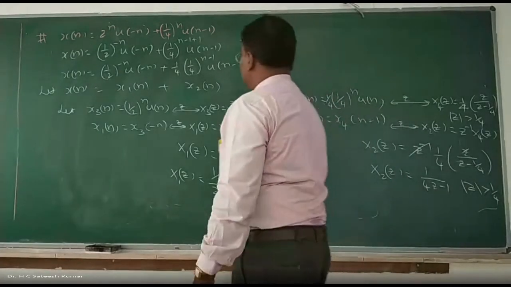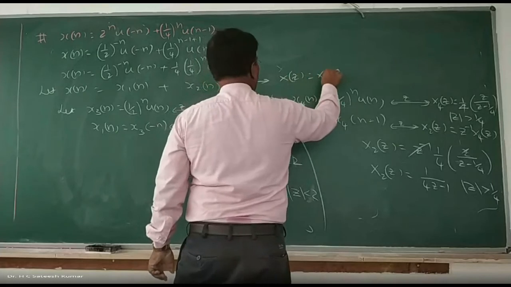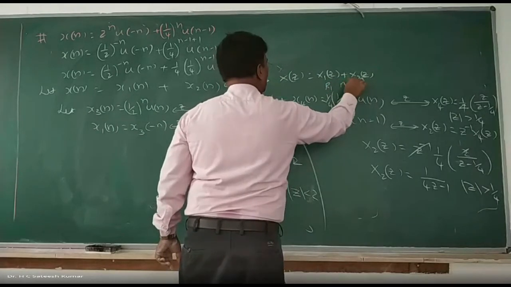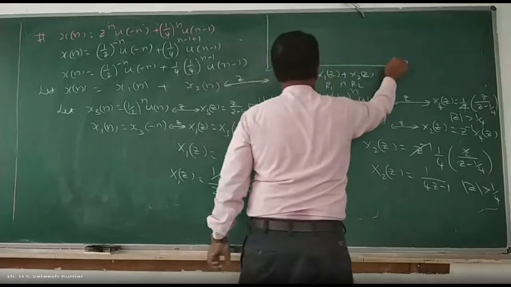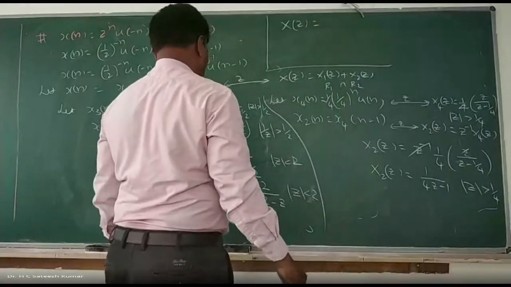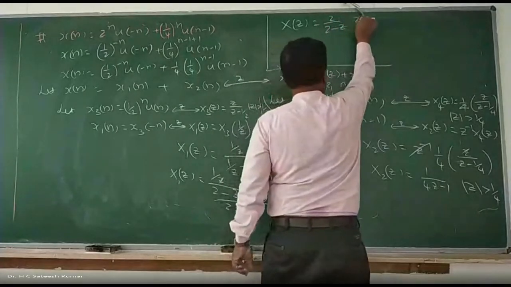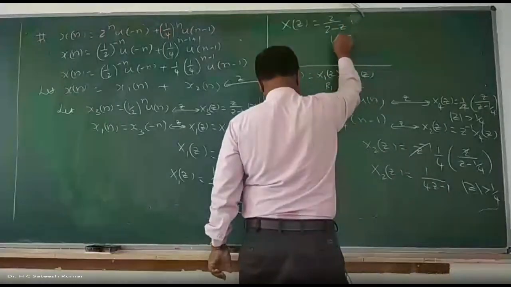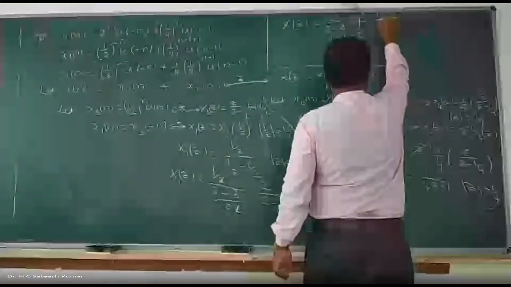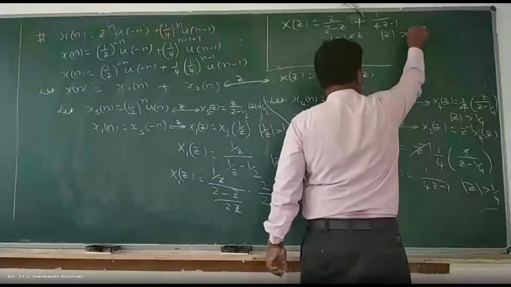Right. If that is the case, then what is the z transformation of this one? X of z is equal to X1 of z plus X2 of z with ROC R1 intersection R2. Therefore X of z is 2 divided by 2 minus z with ROC mod z less than 2, plus 1 divided by 4z minus 1 with ROC mod z greater than 1 by 4.